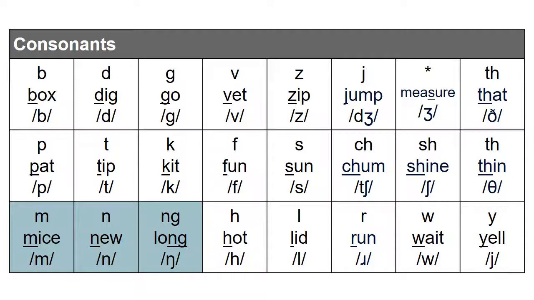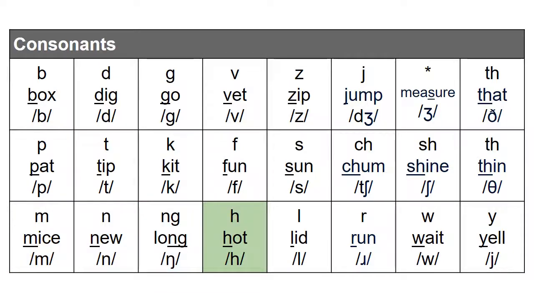Same with the N, make a T or a D, but then force the air out through your nose, and you get "n." And then the NG sound, we often represent this in English by an N and a G, but it's not an N sound and then a G sound. It's its own sound. You open your mouth like you're going to make a K or a G, but let the air go out your nose, and you get "ng."